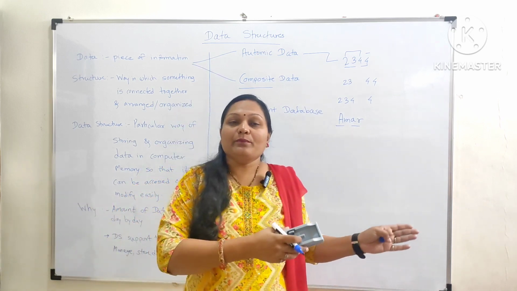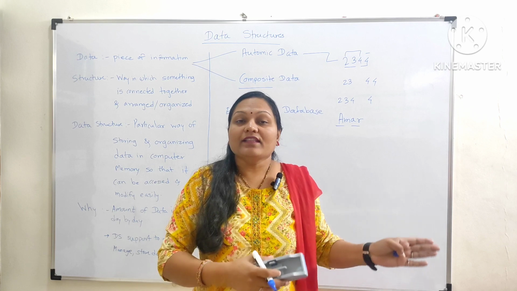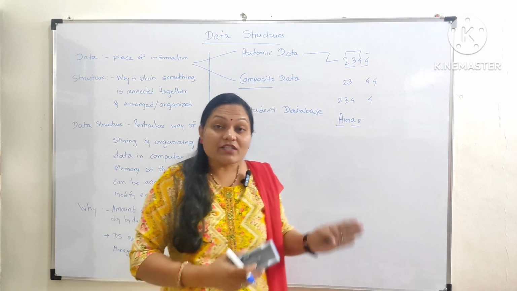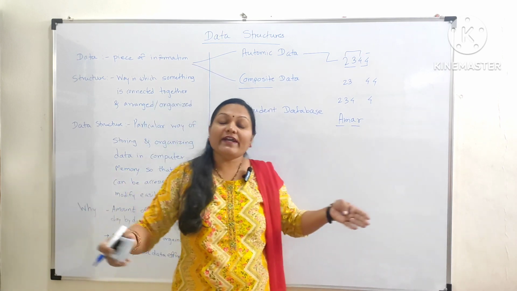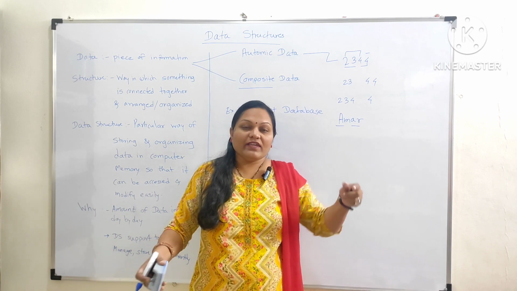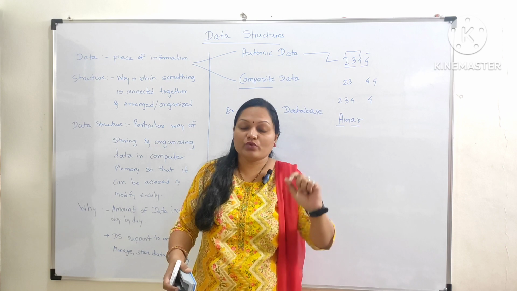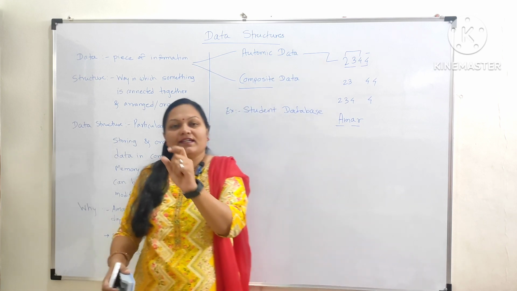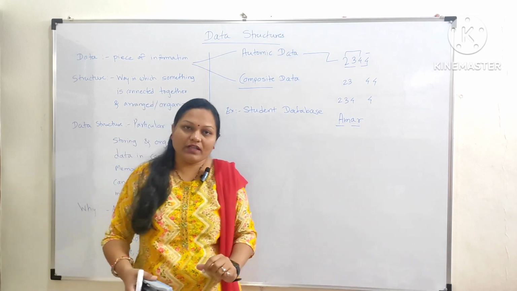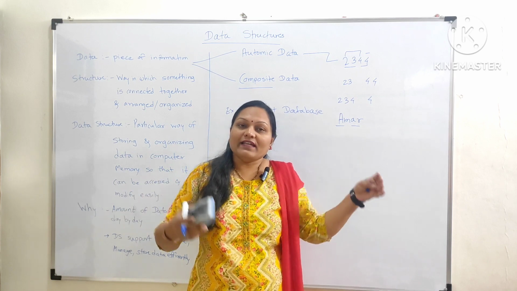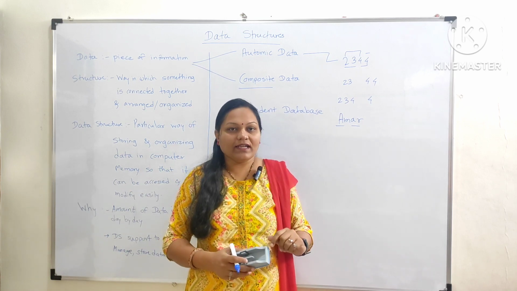So these are the different entities in the student database. This student database we can divide into different parts. We can divide that data like this: in one sheet we can maintain the student roll number only, in another sheet we can maintain the student name only. In that way we can divide that particular data.